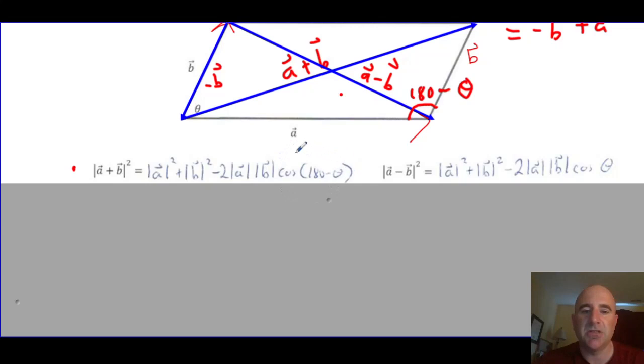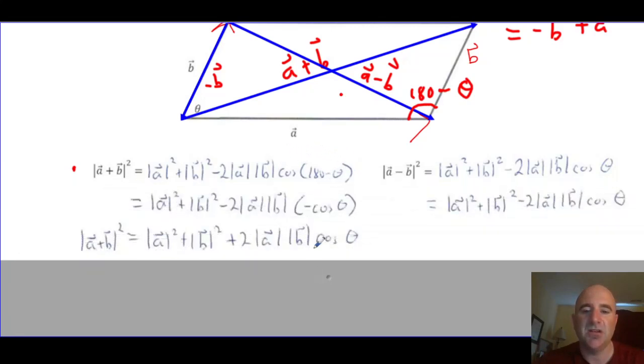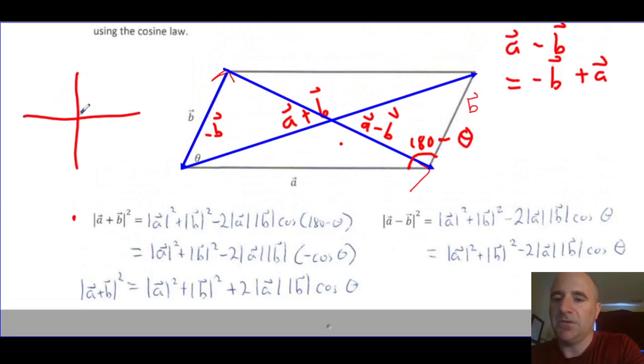But there's something I can do with the cosine of 180 minus theta. The cosine of 180 minus theta is actually the negative of cos theta. That's because if you think about the CAST rule, if you have theta right here, then the cosine of theta is x over r. And if you have 180 minus theta, that is the same picture over here, where r is the same, but x is now negative.